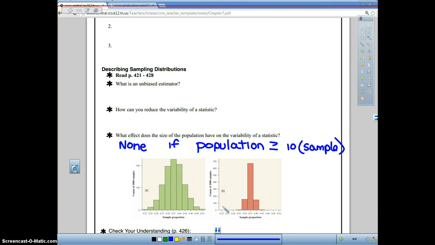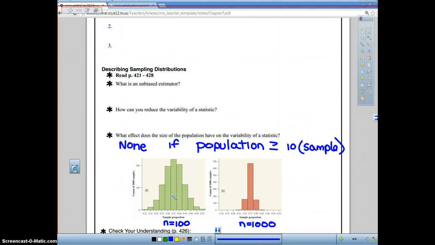Notice these two graphs, that this one is much more variable than this one. Okay, they came from the same population, they both are 1,000 samples, but this sample size was 100 and this sample size was 1,000. That's why this one is much less variable than this one.